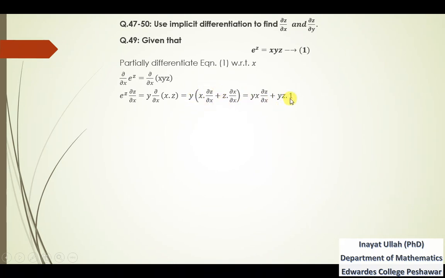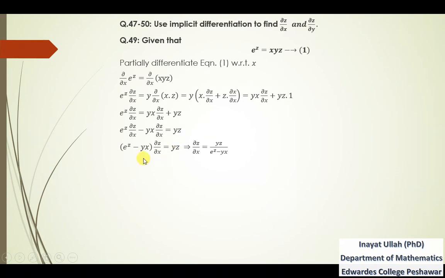So that is e^z del z del x is equal to this whole thing, and combining the terms containing del z del x, transferring this term towards the left side, that will become a negative sign, taking del z del x common in these two terms to get e^z minus yx, is equal to yz.